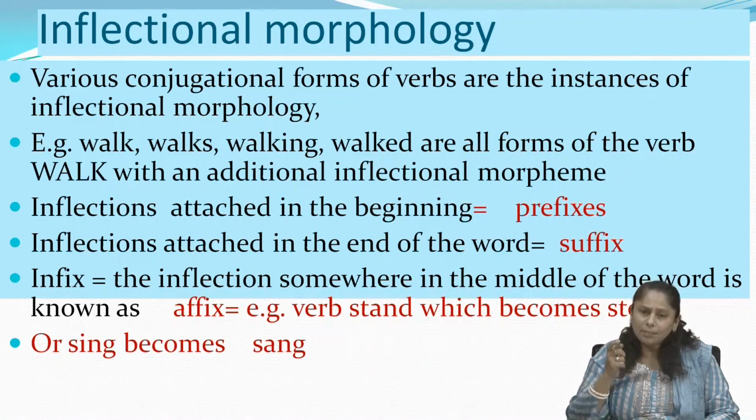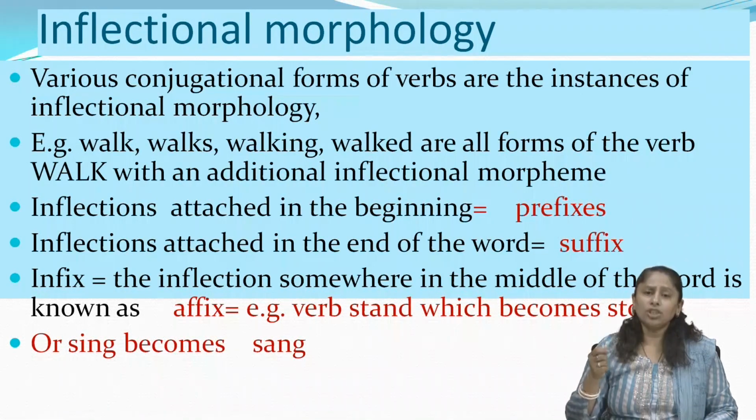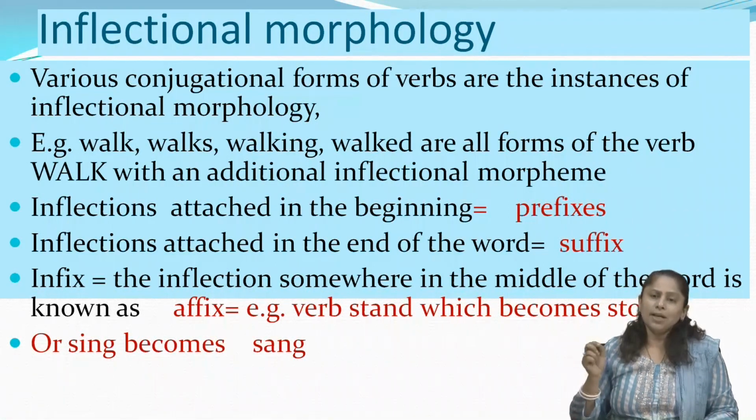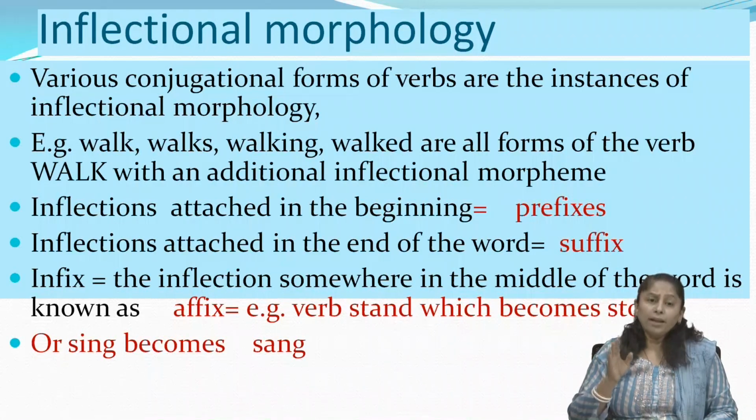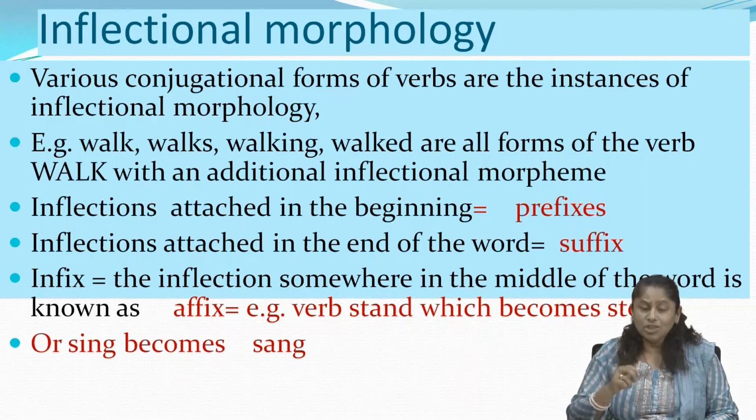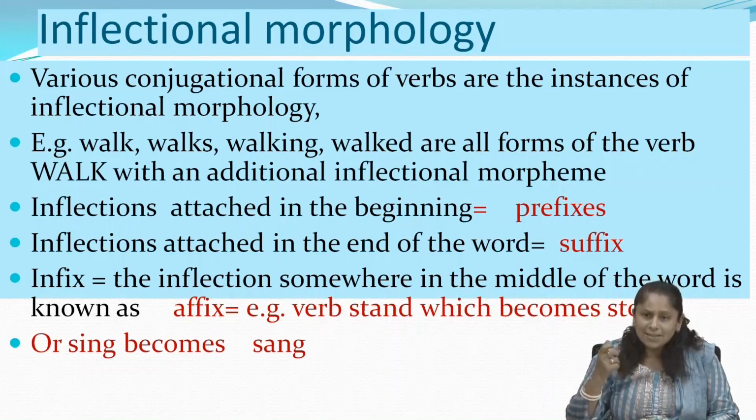Inflections attached in the beginning are known as prefixes, and inflections attached at the end of the word are known as suffixes. Now infix, the inflection somewhere in the middle of the word, is known as affix. For example, the word stand changes when it becomes past as stood, or come changes to came, or sing to sang, or ring to rang.